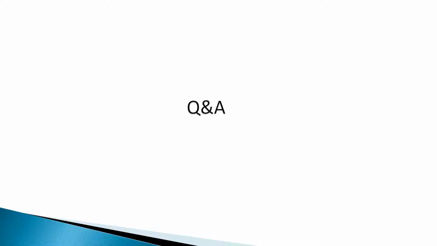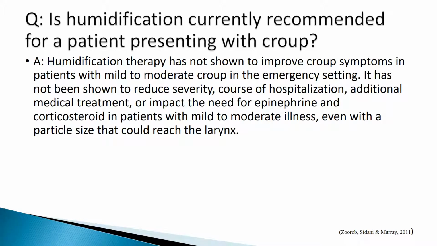Questions and answers. These are some questions and answers that I thought might stimulate some thinking for clinical practice. Is humidification currently recommended? Not shown to be helpful for croup with mild to moderate croup, but it has not been shown to reduce severity, course of hospitalization, additional medical treatment, or impact the need for epinephrine and corticosteroids in patients.